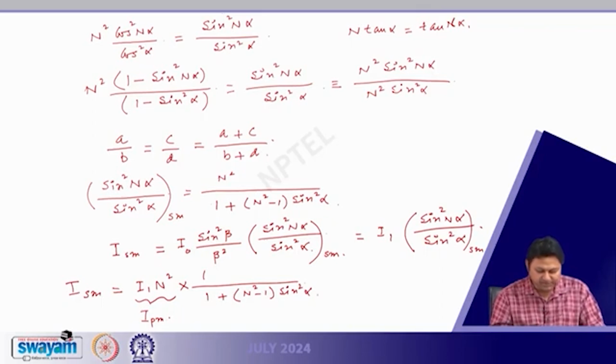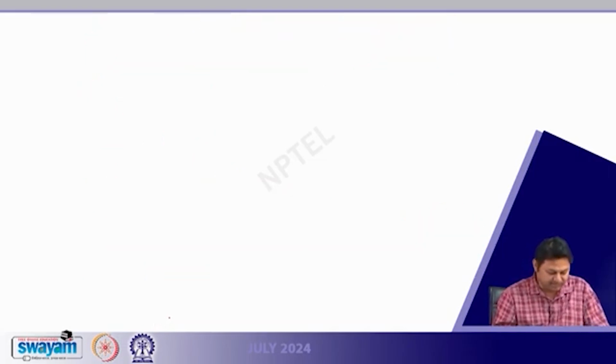So, we have a relationship between the intensity of the principal maxima and secondary maxima as this.